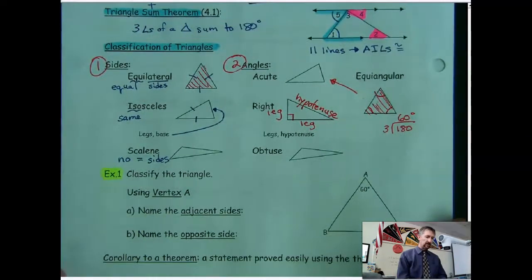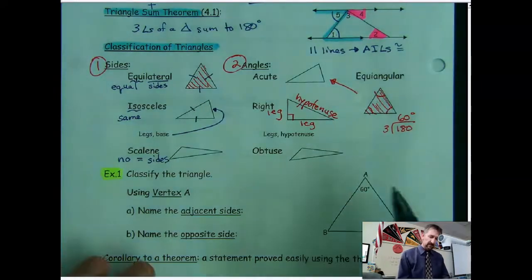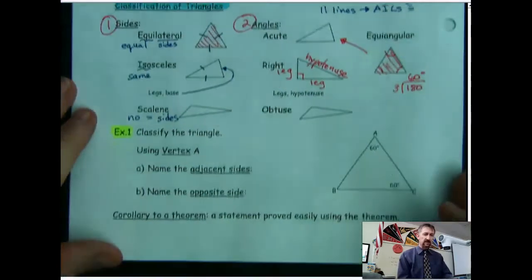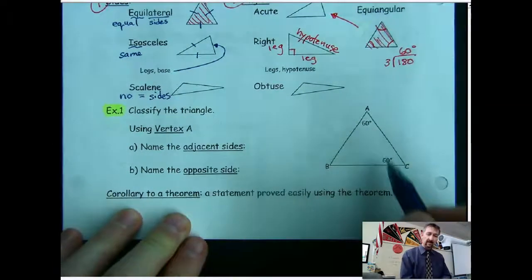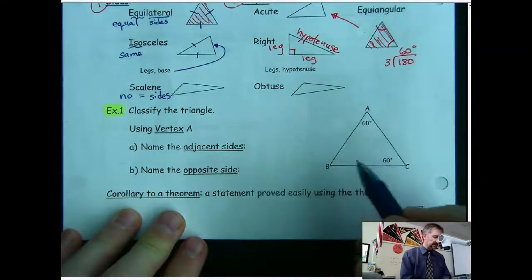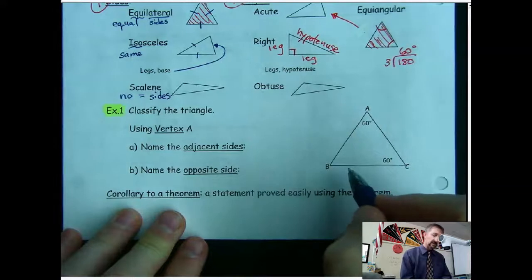Okay, so classify the triangle. So we have to classify it two ways, sides and angles. So sides, if you look at this, if those are both 60, 60 plus 60 is 120, and 180 minus 120 is 60. So this is also 60.